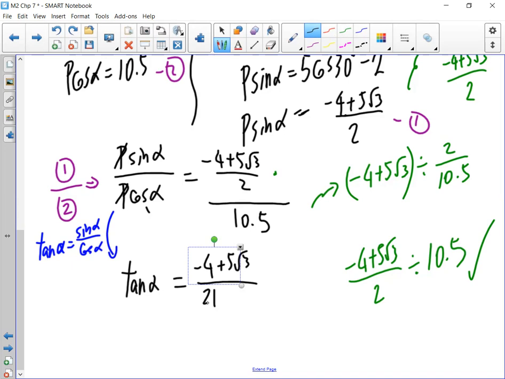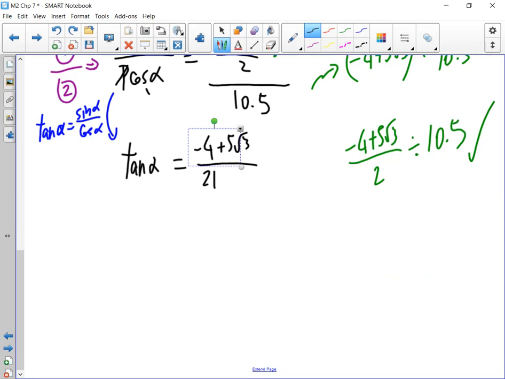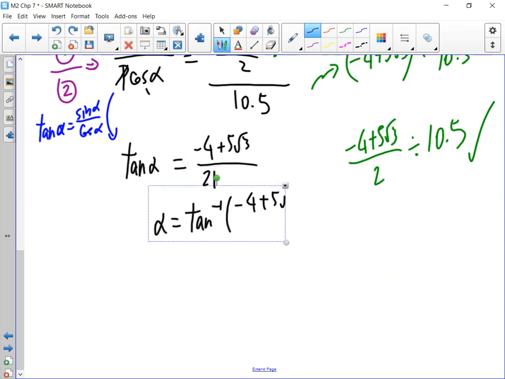Again, I put it as a fraction because I don't want to use decimals. I want to use the full value if I can. Then I take the inverse tan of the right-hand side, or arctan. You'll learn that in chapter 6 in pure maths. The proper name for tan to the -1 is arctan. If you put it in a calculator, it will give you 12.5 degrees to 3 significant figures.